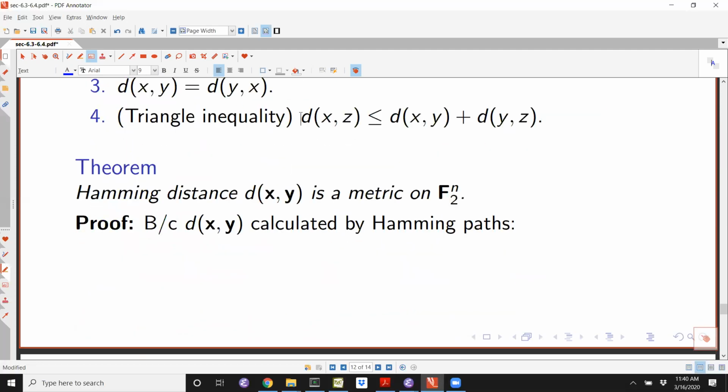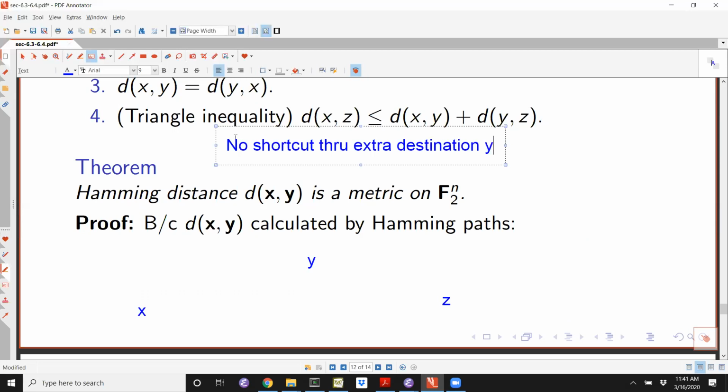The interesting one here is the triangle inequality, so let me just draw a little picture here: x and y and z. So what does the triangle inequality say? The triangle inequality says that if you're trying to get from x to z, there's no shortcut through an extra destination y.